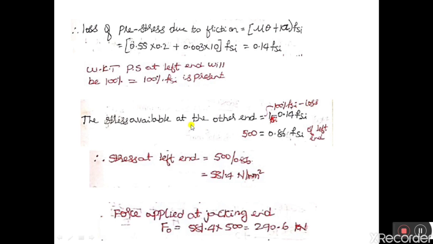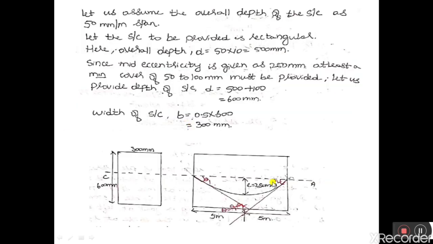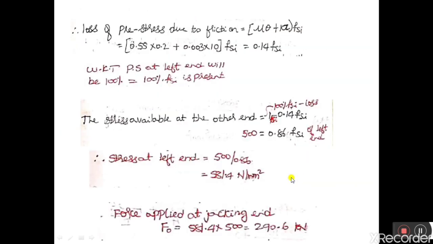So we already know what is the stress at this end. The stress at this end is 500 Newton per mm square. So that is 500 is equal to 100% Fsi minus loss. 100% means it is 1 into Fsi, minus loss is 0.14 Fsi.